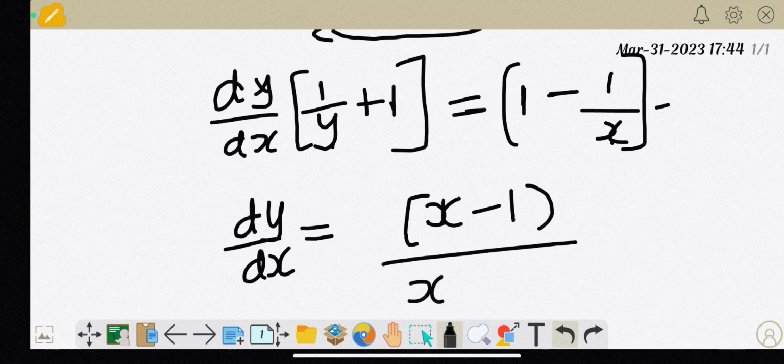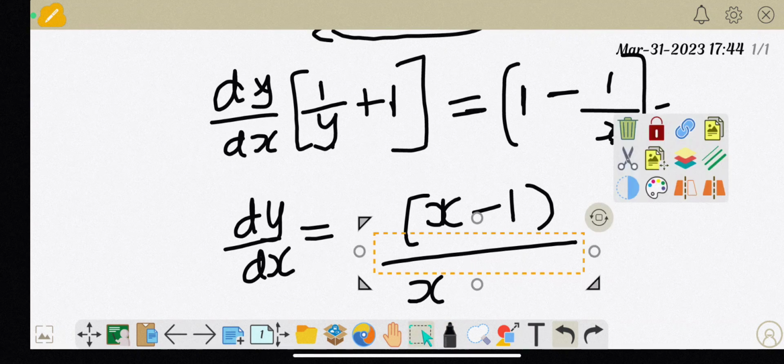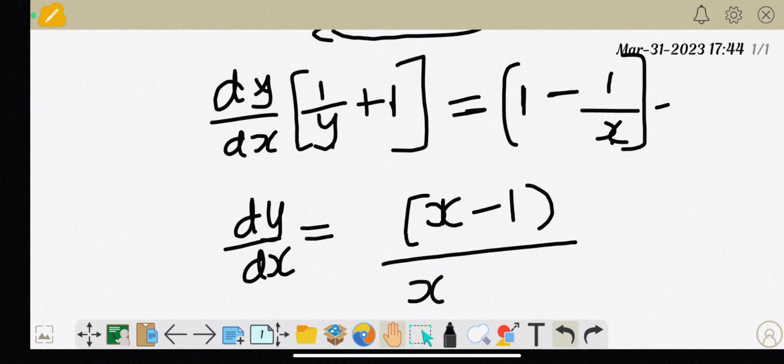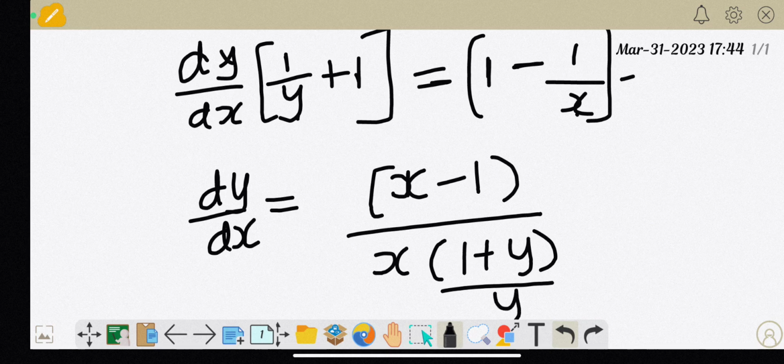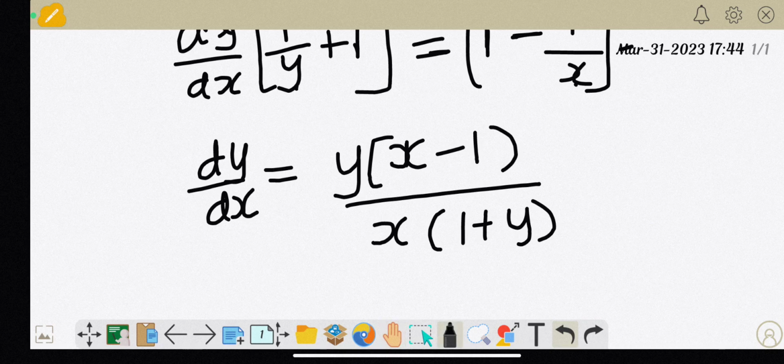Here what I can do is, I'll just simplify this. So what happens here, 1 plus y, right? 1 plus y divided by y. So this divided by y, when I send it to the numerator, I can send it to the numerator, correct. So this is my required answer. So you understood, no?